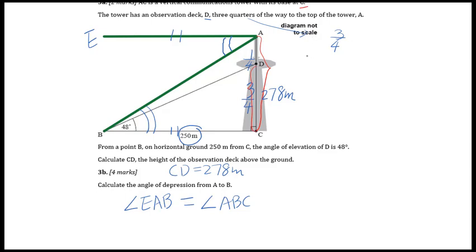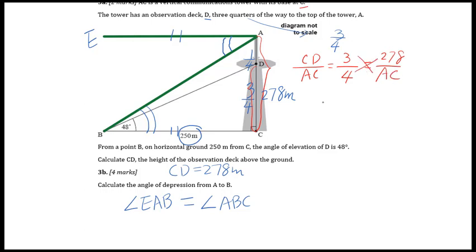So the ratio CD over AC equals 3 over 4. That equals CD is 278, AC, let's look for that.